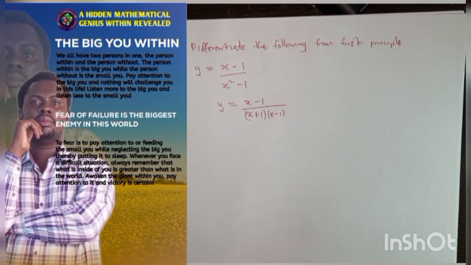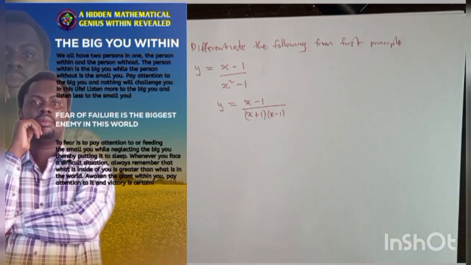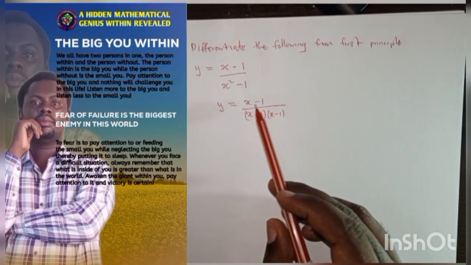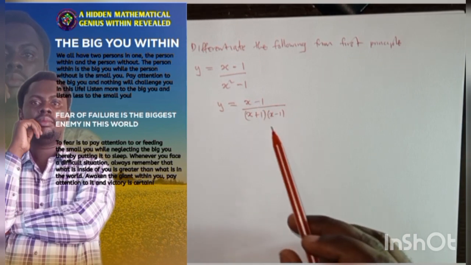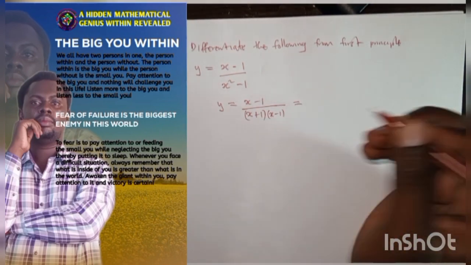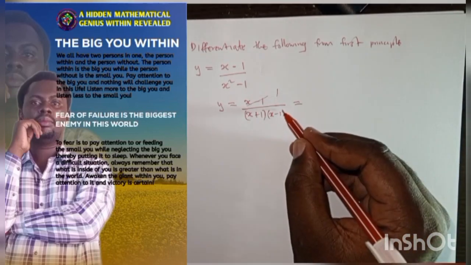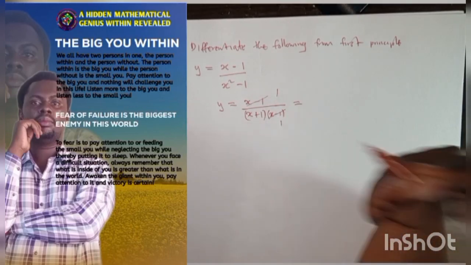Okay, so we can see that we have a common factor here. We have x minus 1 on the numerator and x minus 1 on the denominator, so we can divide out. x minus 1 divided by x minus 1 gives 1, and in the denominator also 1.